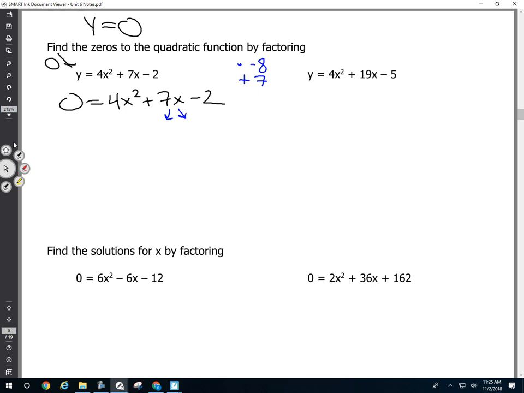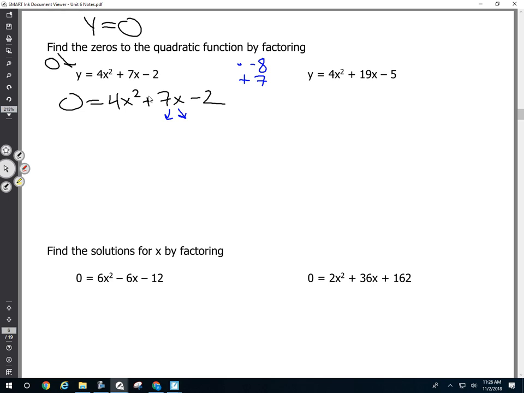You then factor by grouping. Find the two numbers that multiply to get negative 8 and add to get 7.